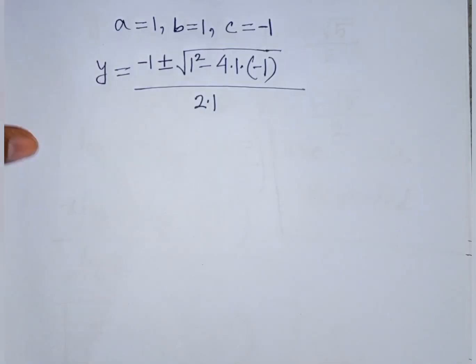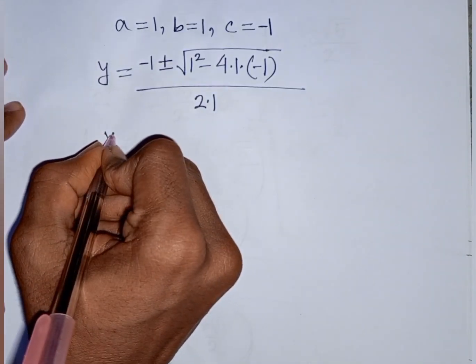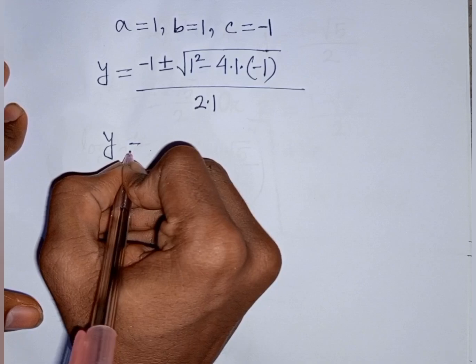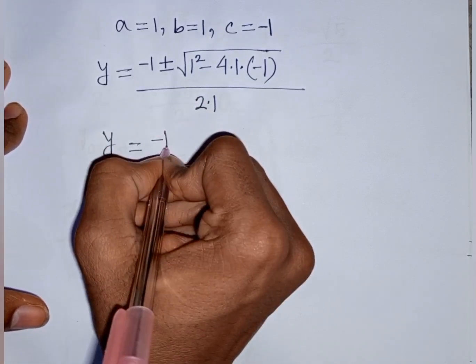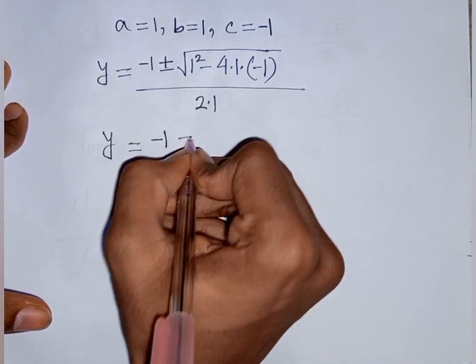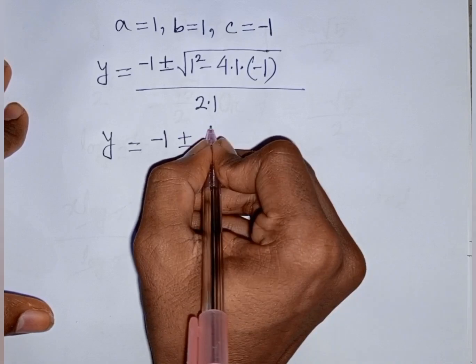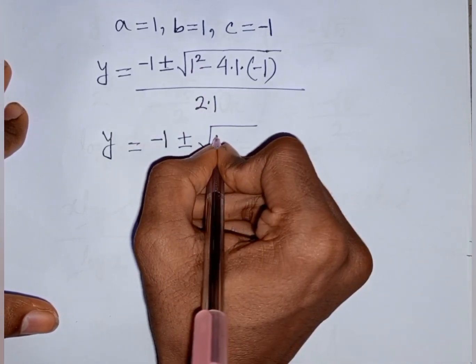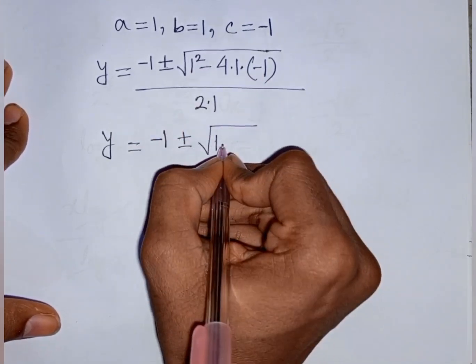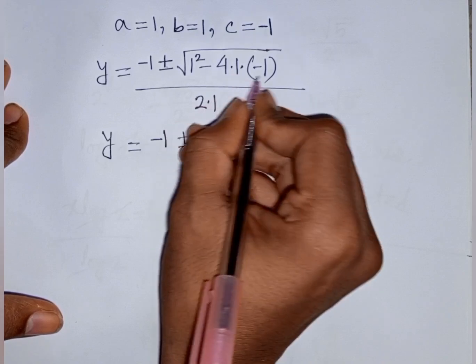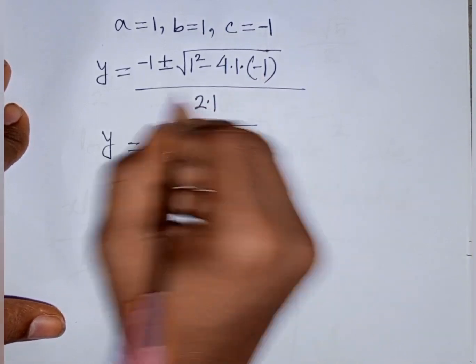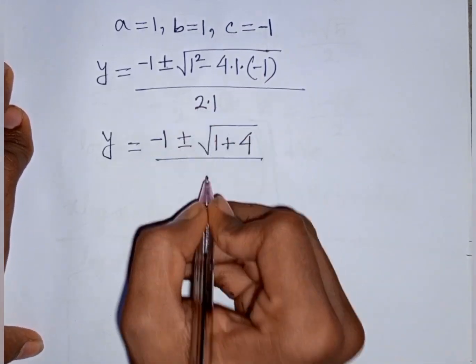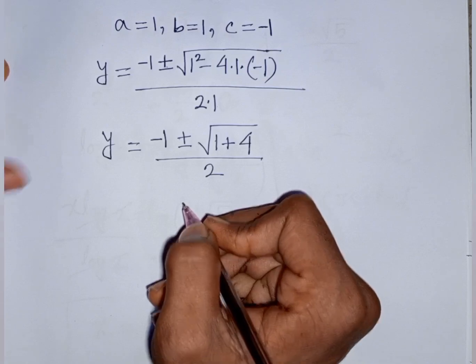Now we can write here y is equal to minus 1 plus or minus square root of 1 square, which is the same as 1, then minus times minus, that means plus, 4 times 1, that means 4, then divided by 2 times 1, that means 2.